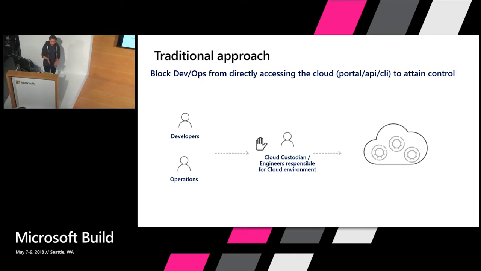Either they develop their own control plane, or they use a third-party tool, some kind of cloud management platform provider, to maintain that control. The problem with that is you take away the direct access that the DevOps team has to the cloud, and they lose agility. They lose access to the latest innovation that comes from Azure.